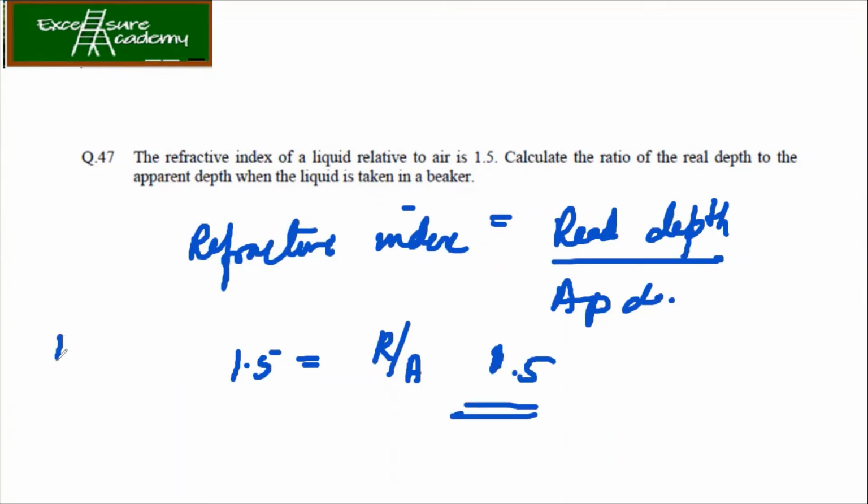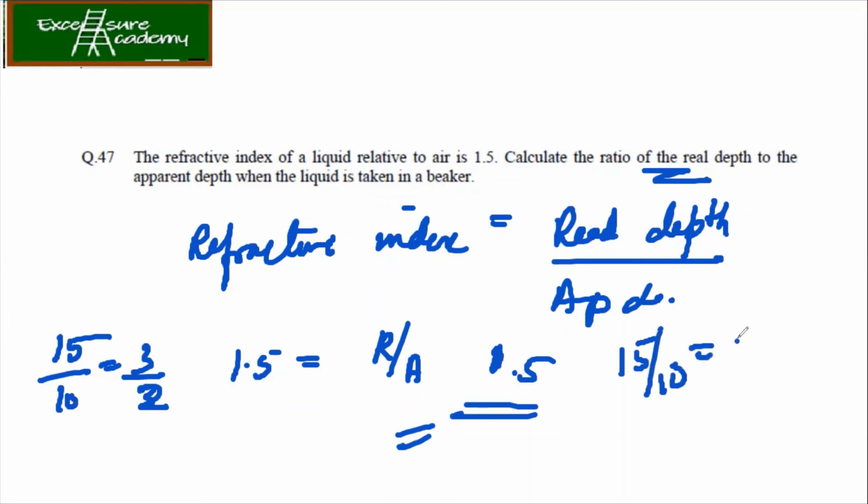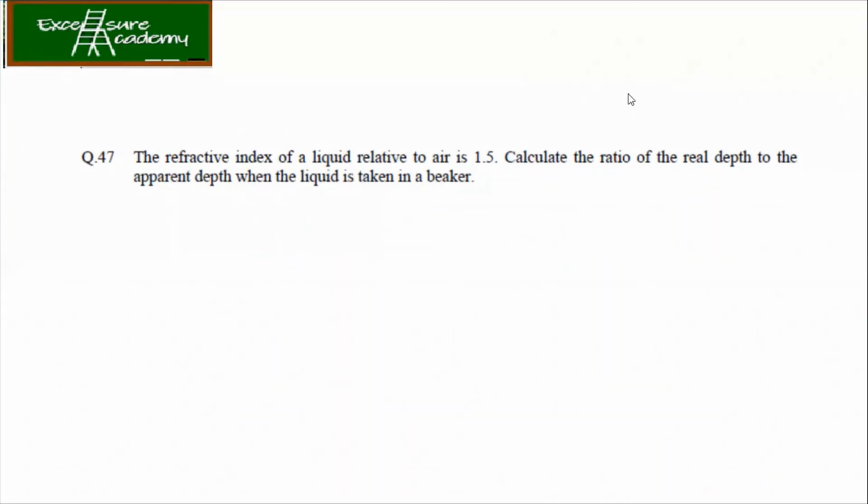Or you can also write the ratio as 15 by 10, which can be written as the ratio 3:2. So calculate the ratio of the real to the apparent depth: 1.5 can be written as 15 by 10, that is 3/2. So the ratio is 3:2. Okay, let's move on to the next.